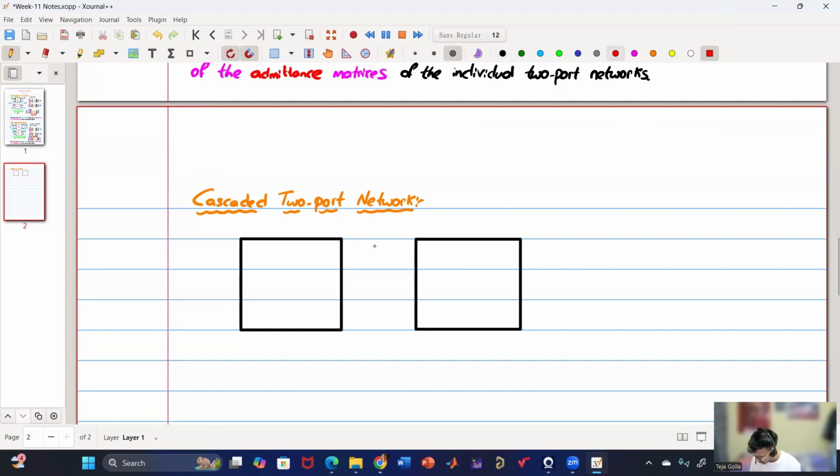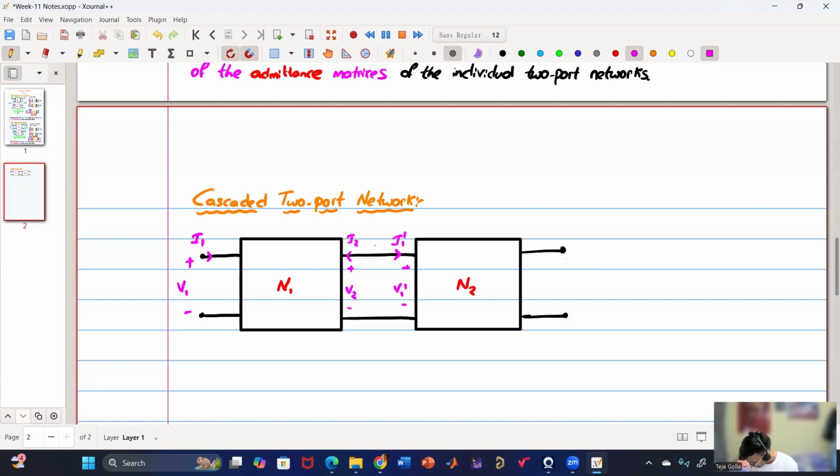Let us name them N1 and N2, and let the voltages and currents be defined. This is the output. I'm defining the voltages: this is V1 and this is I1. This will be I2, this will be V2. This will be V1 dash, this will be I1 dash, this will be V2 dash, and this will be I2 dash.